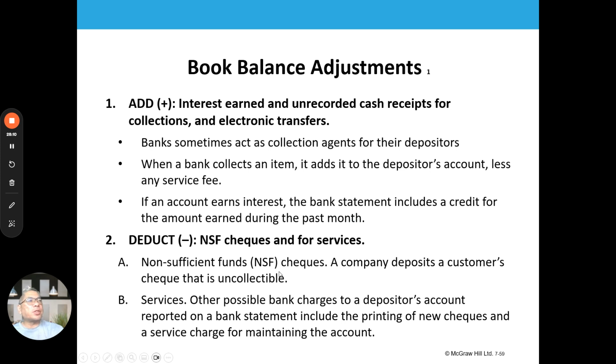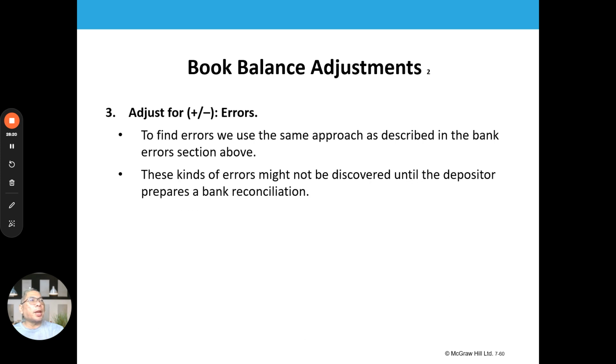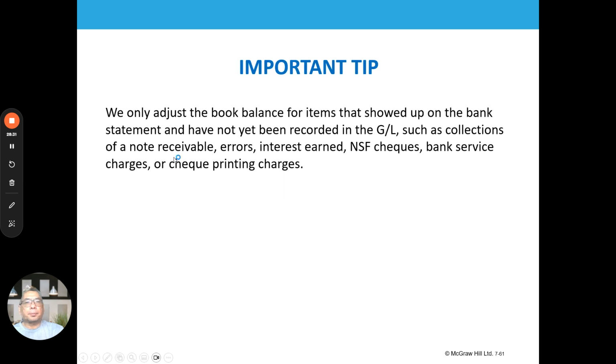NSF is non-sufficient funds, when a company deposits a customer check that is uncollectible. That is the reason why. Okay, let's move on to the next one. Adjusted book balance can be plus or minus because of errors. Errors can happen, so there has to be an adjustment as well. So this is your important thing in terms of showing up in the GL as collection and error.